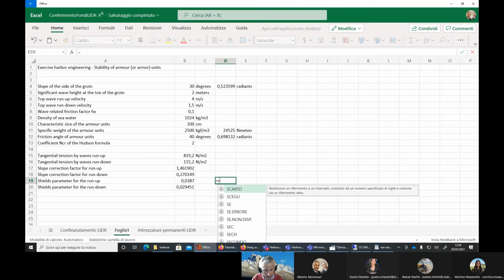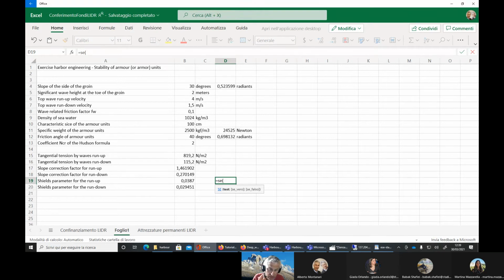So in order to automatically see if the unit is stable or not, the condition in Excel can be introduced with the function if. This is Excel in Italian, so you see it visualized as a se. So let's put the condition. The first condition is that this should be lower than 0.05, okay?